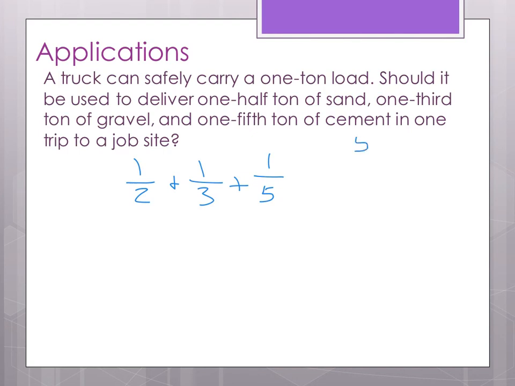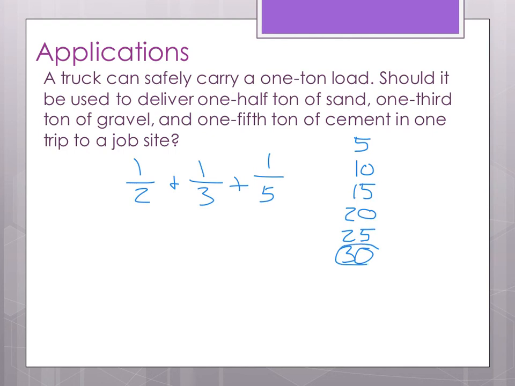So 5, 2 won't go into that, 10, 3 won't go into that, 15, 2 won't go into that, 20, 3 doesn't go into that, 25, neither goes into that, but 30, both 2 and 3, and of course also 5, will go into this number.